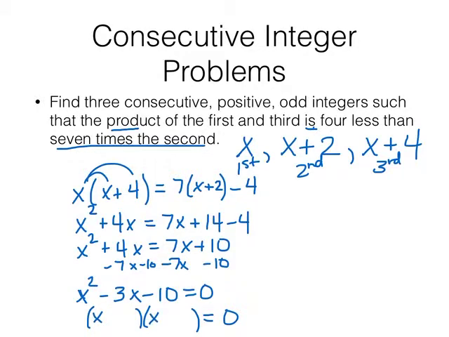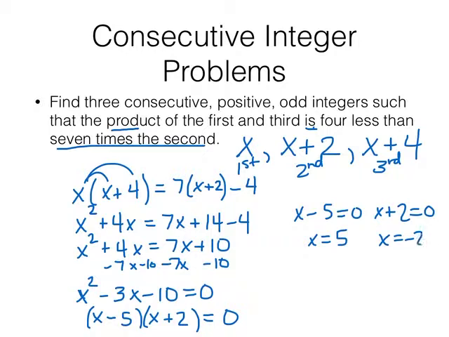Completing the square is probably not the best method here because we've got an odd number in the center. So minus 5 plus 2, the factors of negative 10 that add up to negative 3, which means my solutions are x minus 5 equals 0 and x plus 2 equals 0. I have to solve those, giving me a positive 5 for the first one and a negative 2 for the second one.